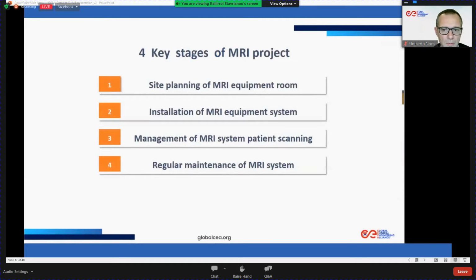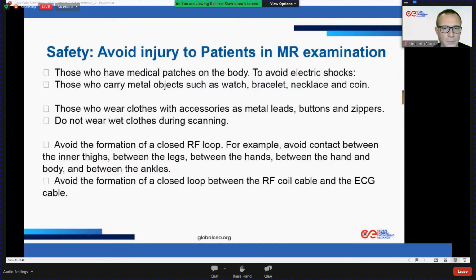The third stage of the MRI project is management of MRI system patient scanning safety, to avoid injury to the patient. People with medical implants in the body, and people who carry metal objects such as a watch, bracelet, necklace, and a coin cannot take the exam.